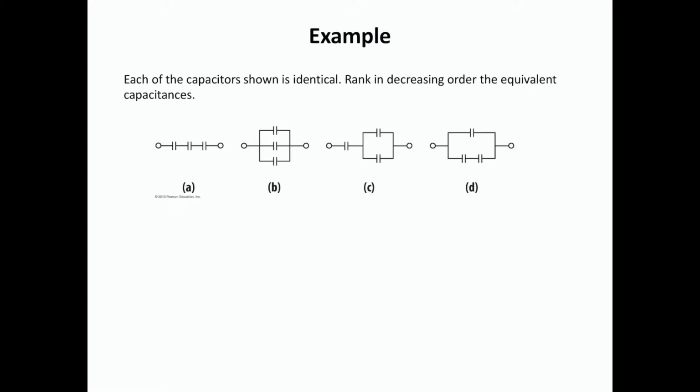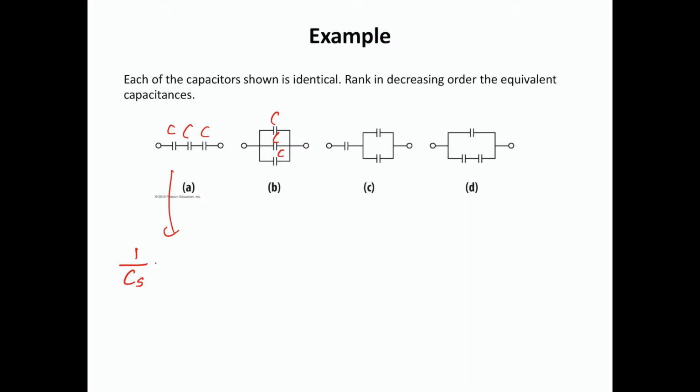So can you look at this example and see which one has a higher capacitance? Now let's just do the first one for you, C. If you have this one, they're in series.